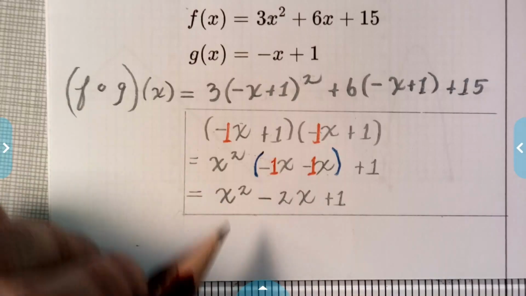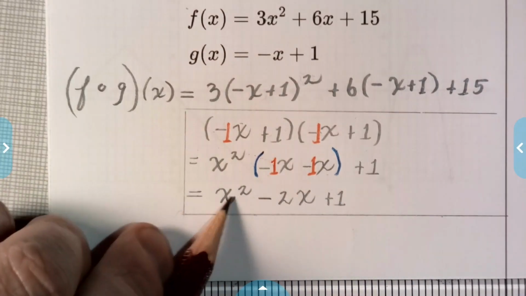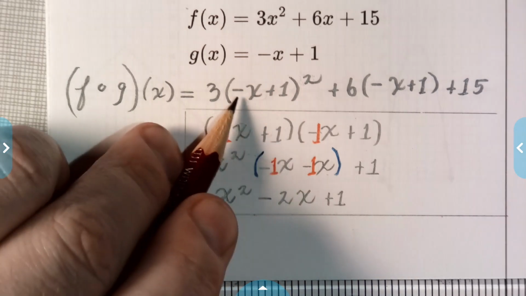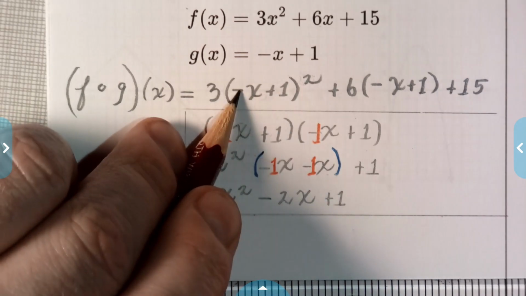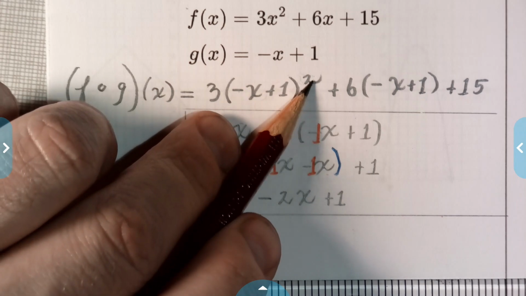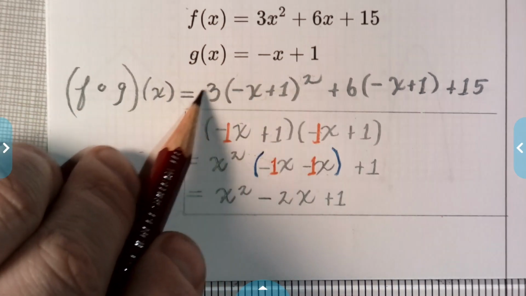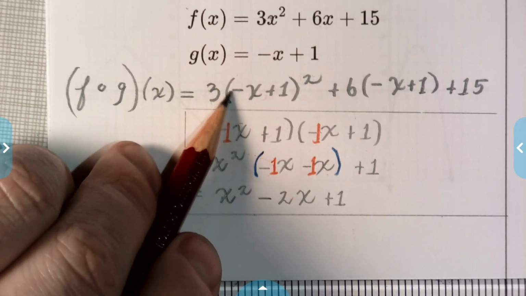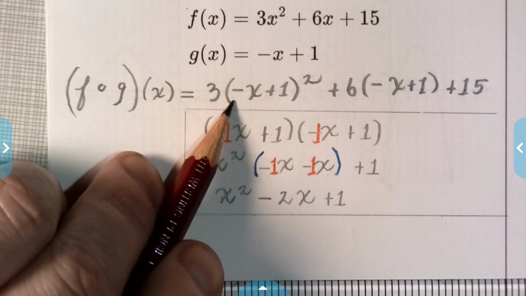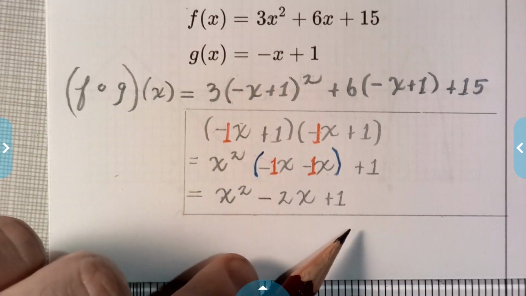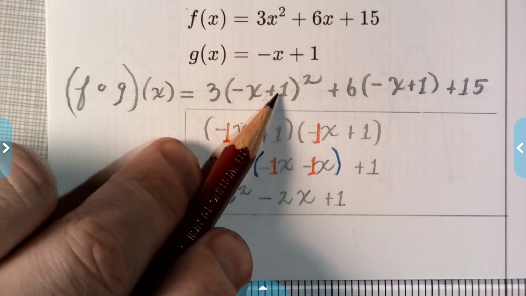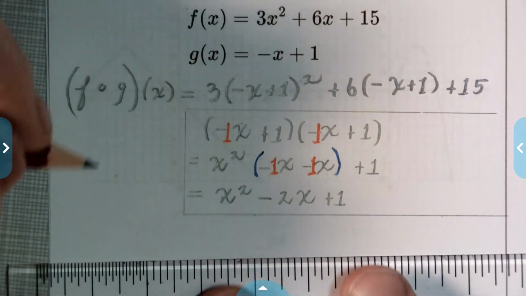All right, so now what we're going to do is plug this quadratic back in here without the squared symbol. So we need to distribute the 3, but we're going to put the parentheses around this. So we squared this, and now we got to do the distribution.